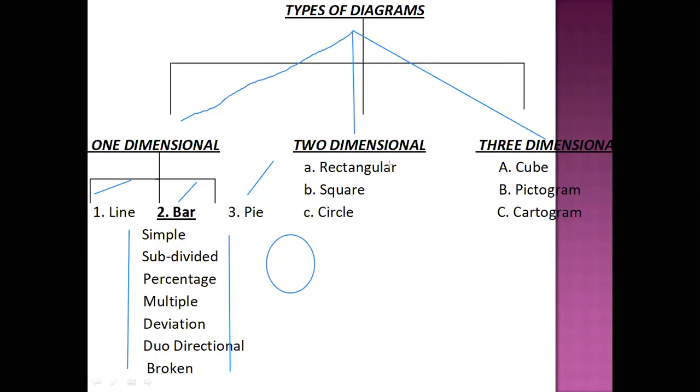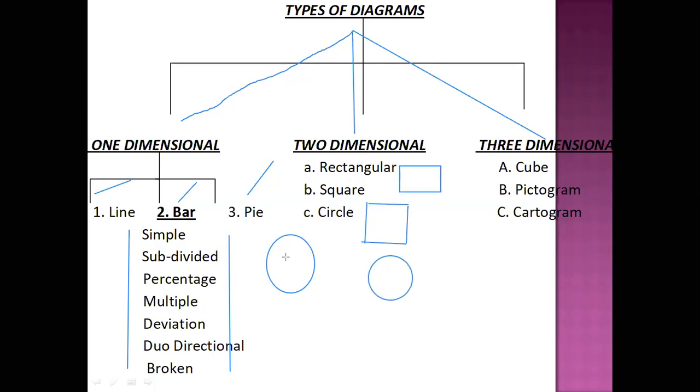And two-dimensional diagrams, rectangular we have seen, and square diagram we have seen. All 4 sides will be equal in case of square, and circle diagram we have seen.